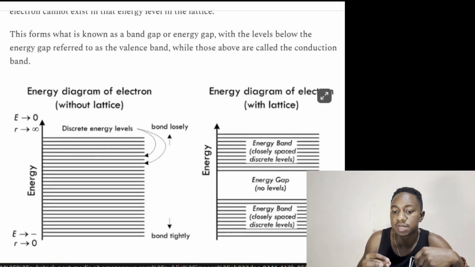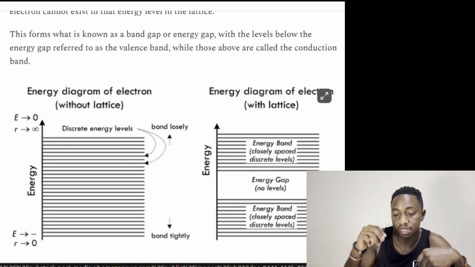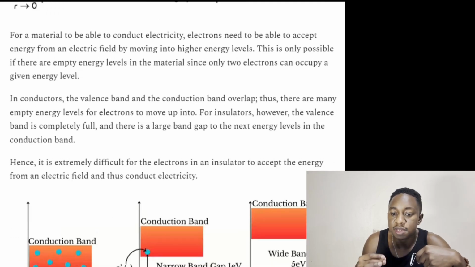This forms what is known as a band gap or an energy gap, with the levels below the energy gap referred to as the valence band, as we discussed earlier, while those above are called the conduction band. For a material to be able to conduct electricity, electrons need to be able to accept energy from an electric field by moving into higher energy levels.